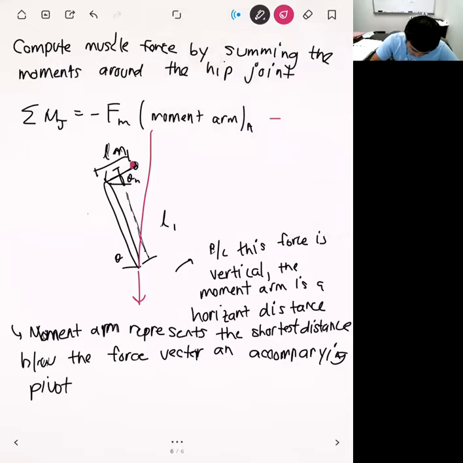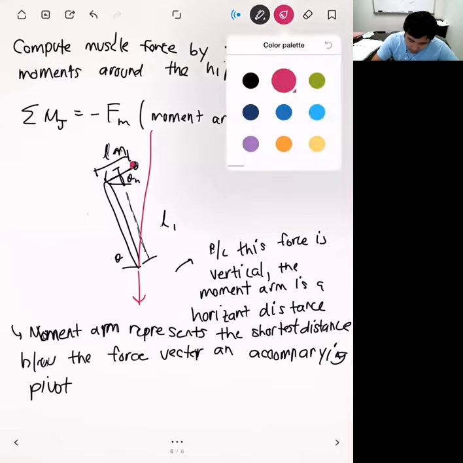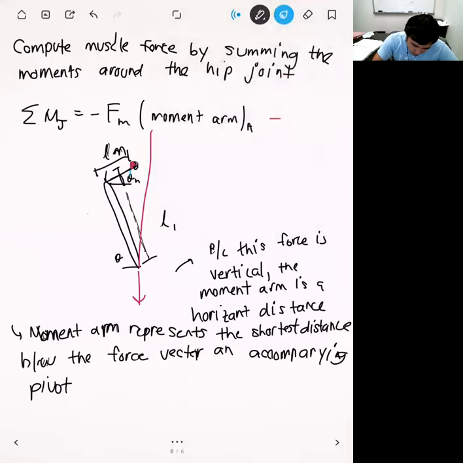As an example, if we try to take a moment using this length right here, it isn't going to work because this distance is not the shortest one possible. What will work is if you draw the force vector just like that. So it's again a horizontal distance between our force vector and the accompanying joint.